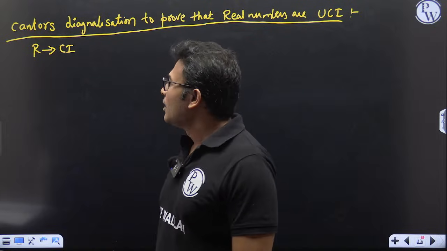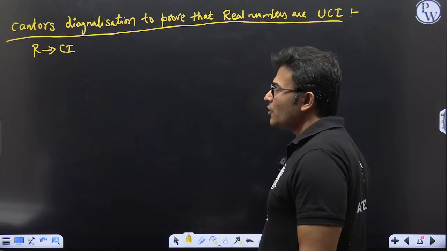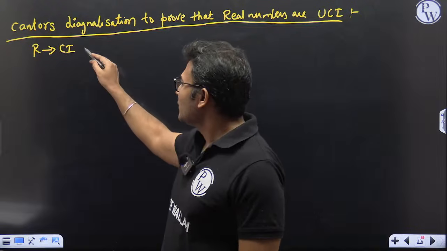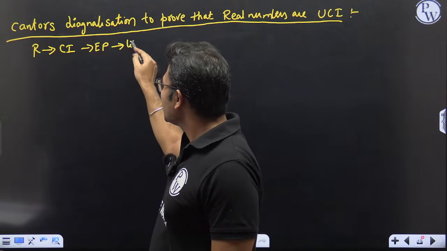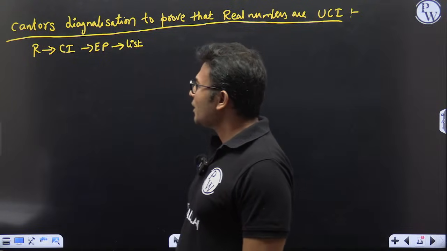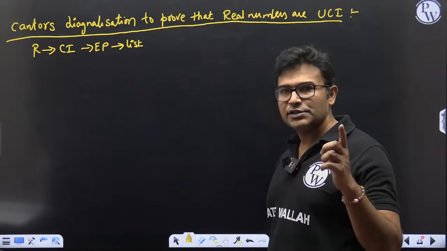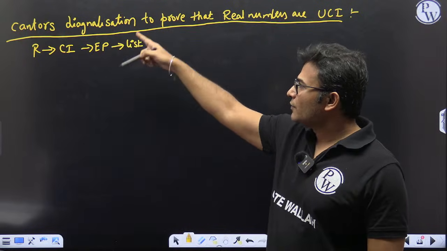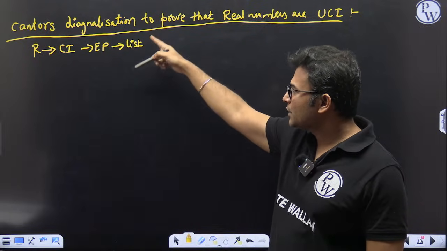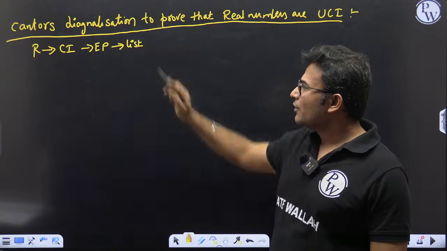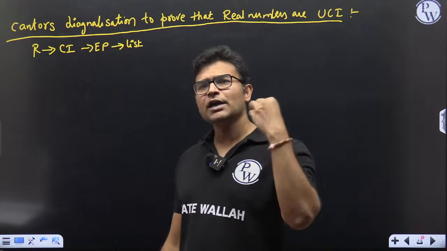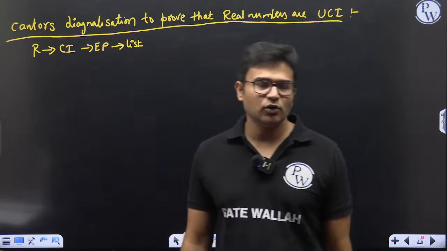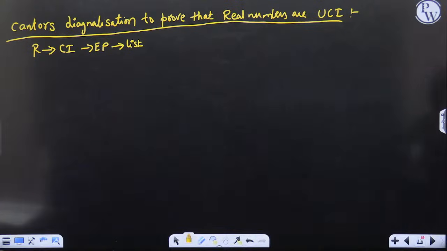Now if the real numbers are countably infinite, then there exists an enumeration procedure, and using it you can list all the numbers, right? Now I am asking you for that list. Give me the list of all real numbers that you have come up with. Simple.